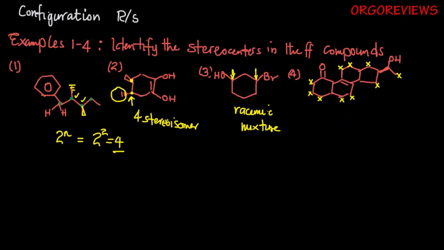With that in mind, let's identify which areas have multiple groups. Again, it has to be 4 different groups at this level. So this is also disqualified. But then you can see this place has multiple groups attached to it, 4 different groups, and the same here. You can say the same thing here, there, and also here. So all these areas are qualified to be stereocenters.